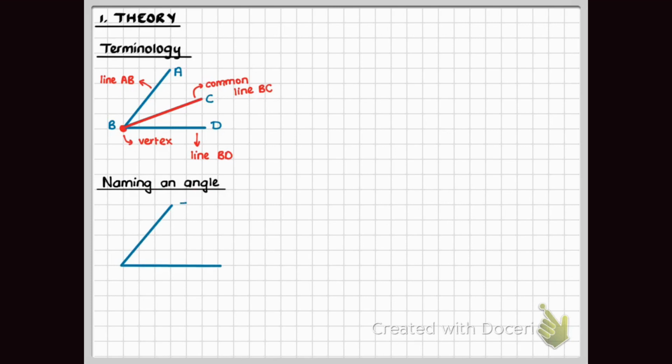So we're going to start off with an angle here, and we see we have a vertex F, and then we have line EF, and then we have line FG.